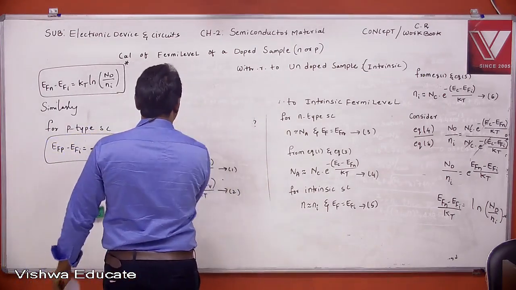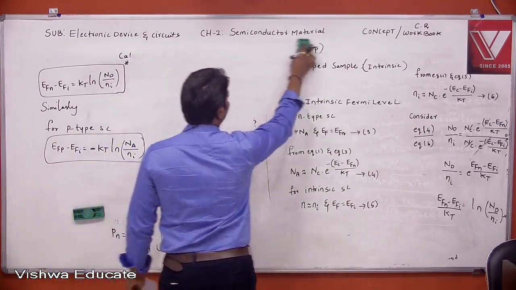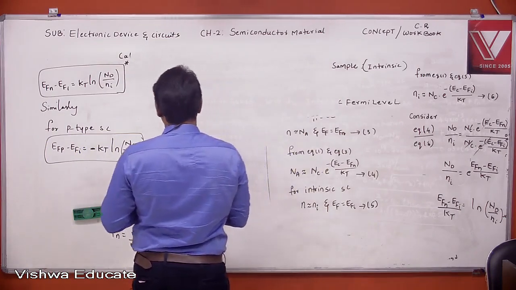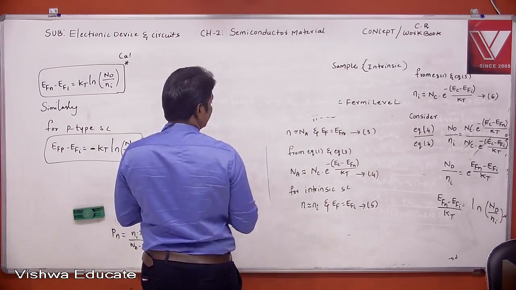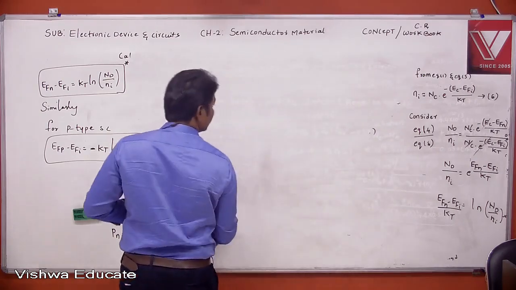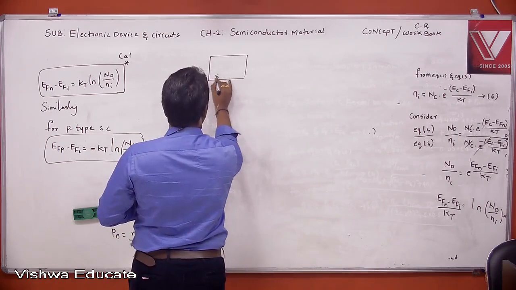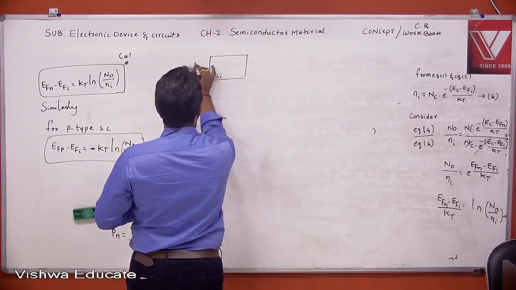First of all, what is the given question here? They gave a pure silicon sample, right? It is doped with what actually? Arsenic.